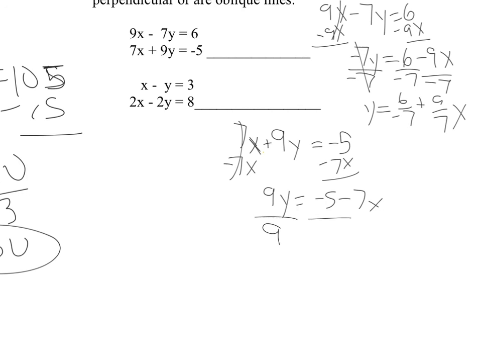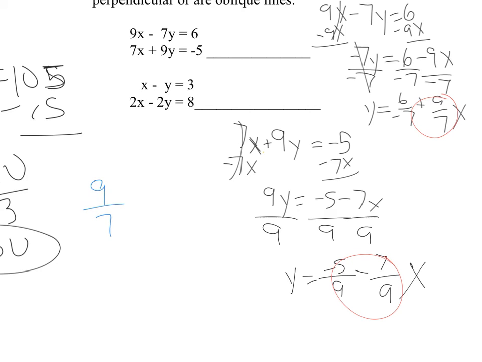Divide by 9, divide by 9, divide by 9. y equals negative 5/9 minus 7 over 9x. So when we look at the two slopes, we have 9 over 7 and negative 7 over 9. Those are opposite reciprocals. That would make these perpendicular.